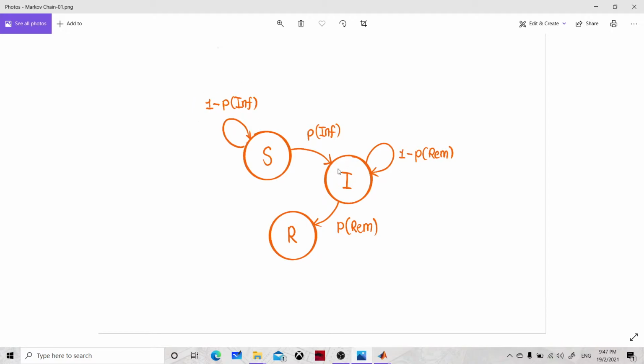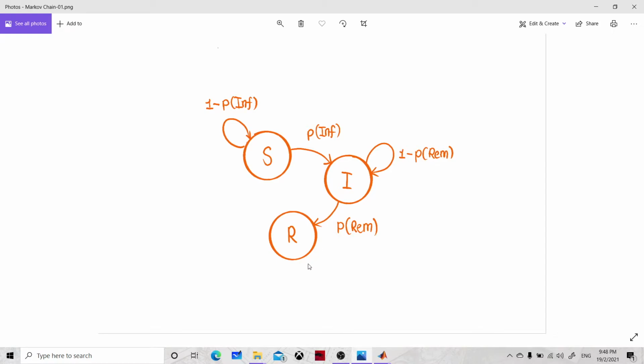The Markov chain also tells us that an infected individual can be removed with the probability of P remove, or the infected individual will stay infected with the probability of 1 minus P remove.